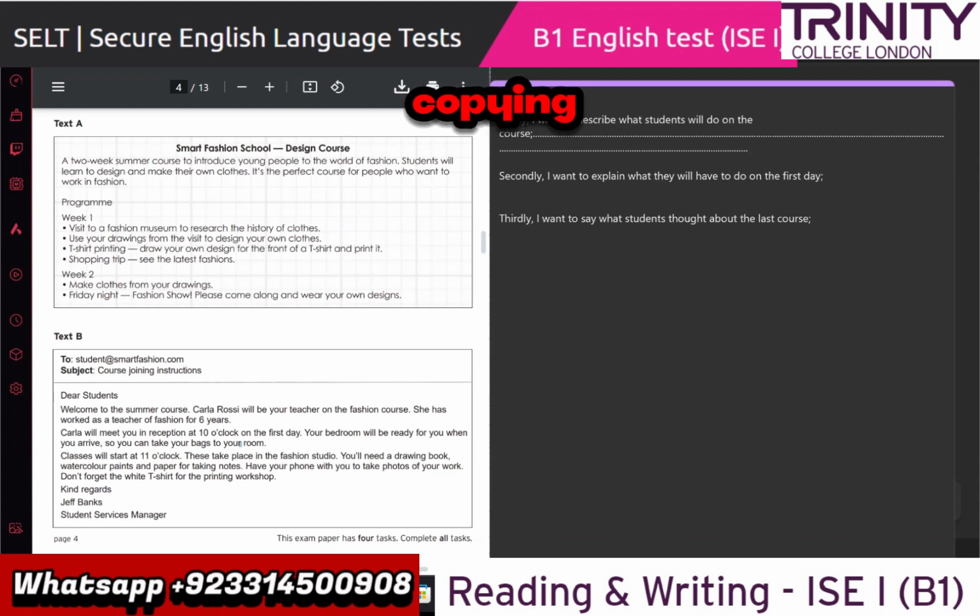When you're copying, when the spelling of design is already here, the spelling of clothes is already here, but you've not written it, right? That's incorrect spelling. Am I right, sir? Yeah, ma'am, I see. But this information, can I copy same to same? Yeah, same to same information. Of course, you have to use information from the text.